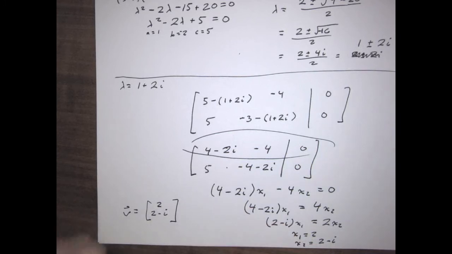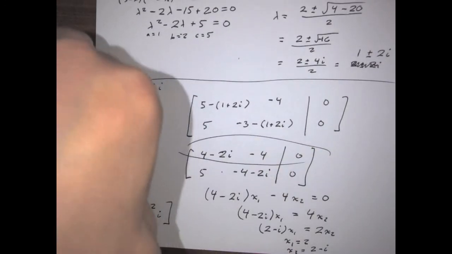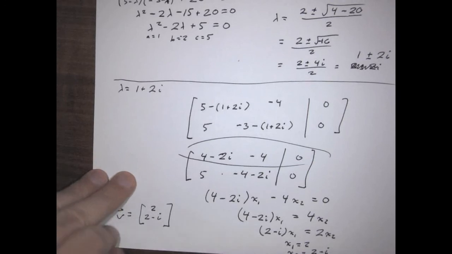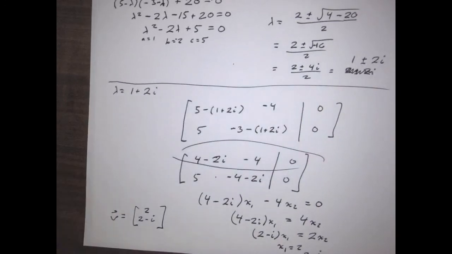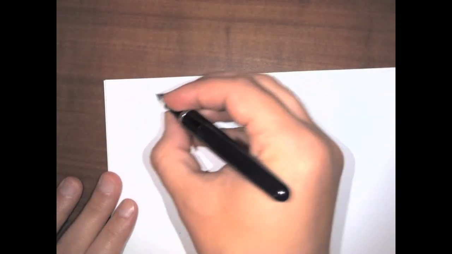which I'm now going to multiply by e to the lambda t, and then I'm going to collect the real parts and imaginary parts, and those will be the two branches of my solution.